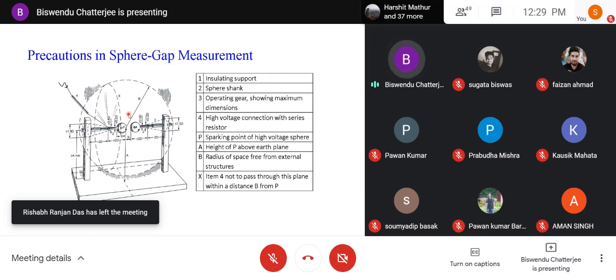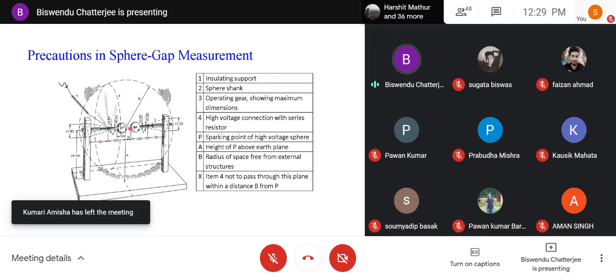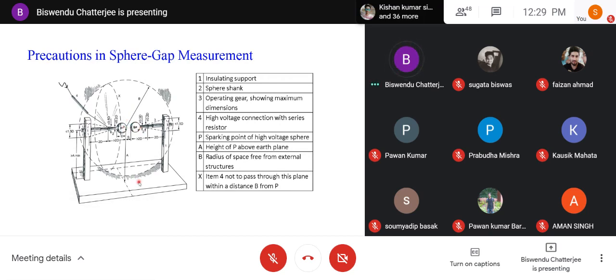Because if you distort the electric field, the spark may pass, instead of going from sphere to sphere, from sphere to that object. So it will disturb the measurement very badly. This is three-dimensional. One of the diameters is given here and one is given here. The measurements are fixed. Yes, less than 1.5 diameter.